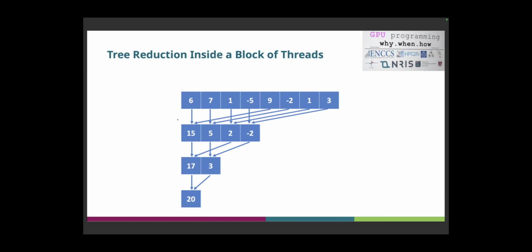Now we have reduced our subset to half, and we can do the same thing again, but now we only need to use two threads. Again, each of these threads will add 2 numbers, one from the first half and one from the second half. Then we get 2 numbers, and now 1 thread will give us the result.